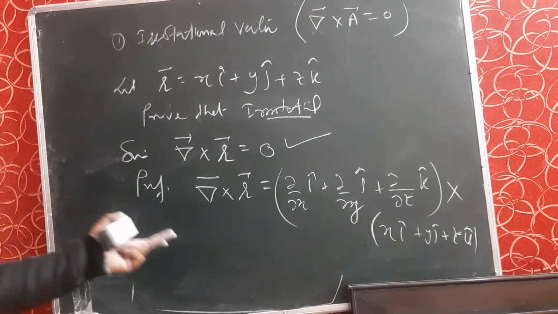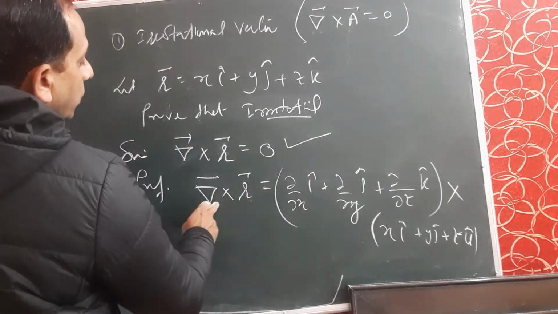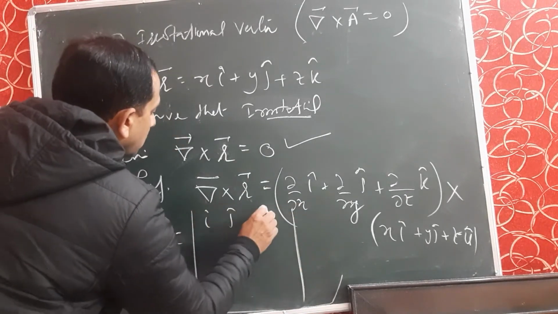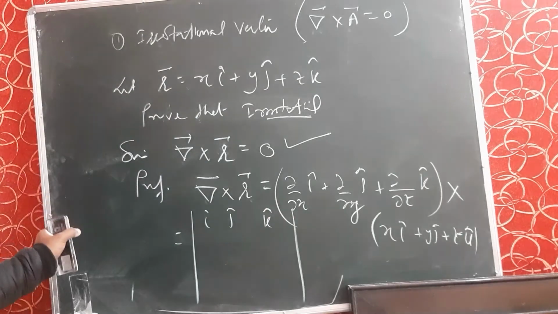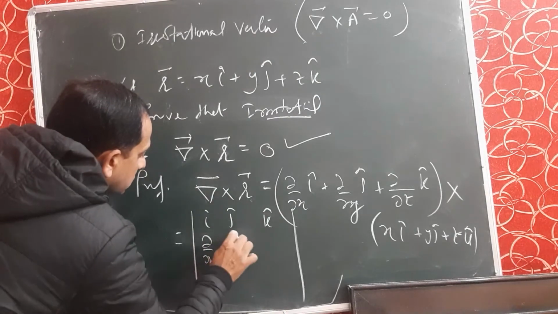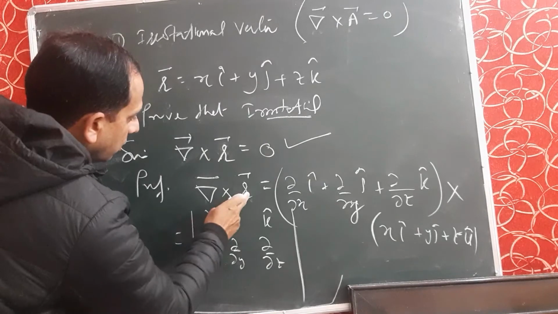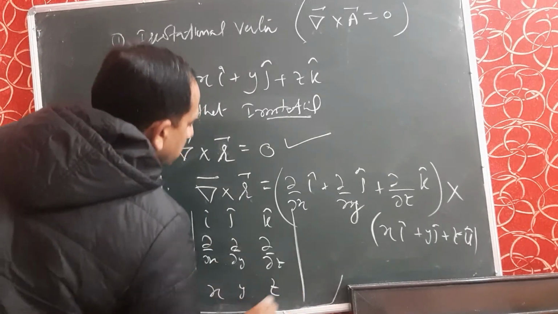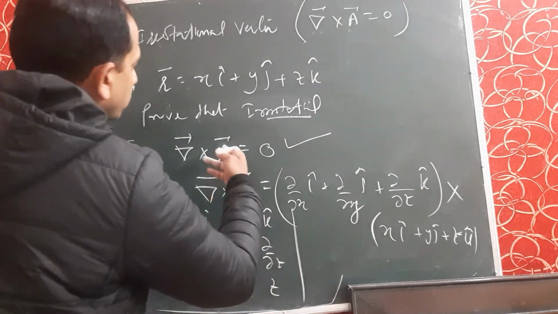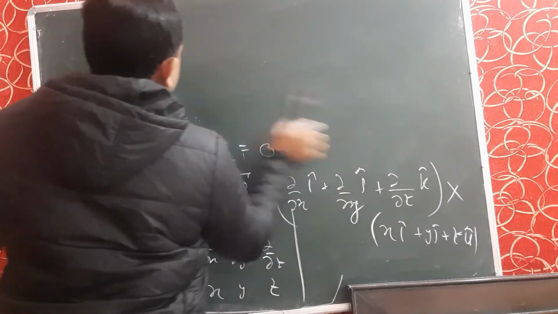Either you can solve by multiplying these out, or you can solve the cross product of two vectors by using a determinant, that is i, j, k. You will get the same answer. First row i, j, k; second row del components, curly upon curly x, curly upon curly y, curly upon curly z; and third row x, y and z. So these are the 3 components of del, and these are the 3 components of the r vector. Now you can solve it.